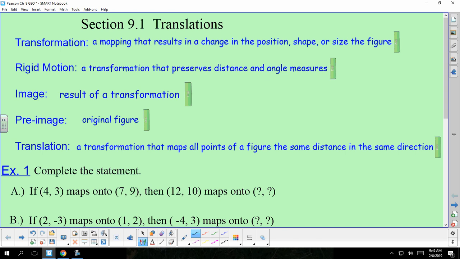Right? We're going to use a big T. And the first number is going to tell me left or right. And then the second one is up or down. Left or right, and then up or down.